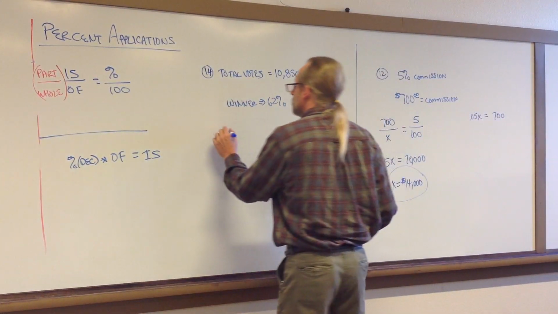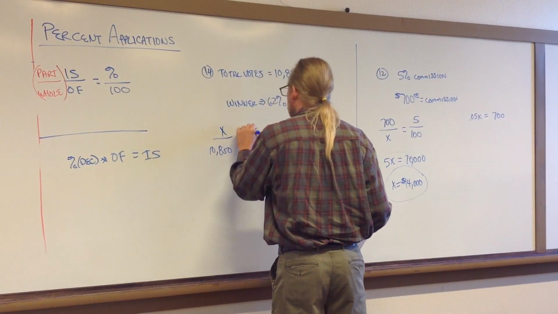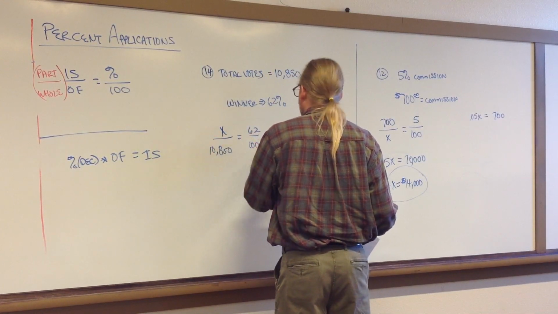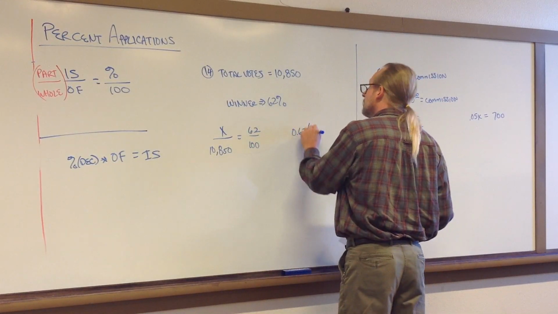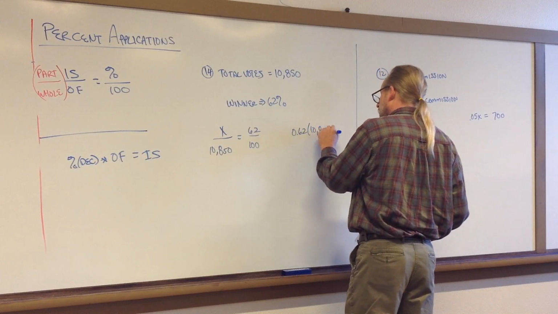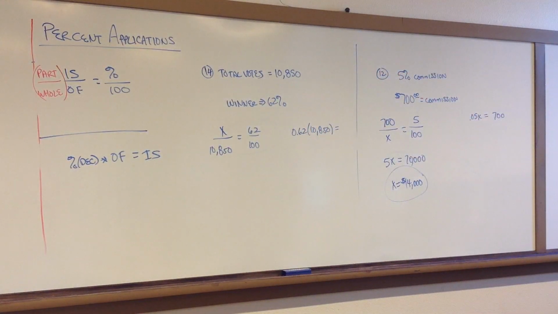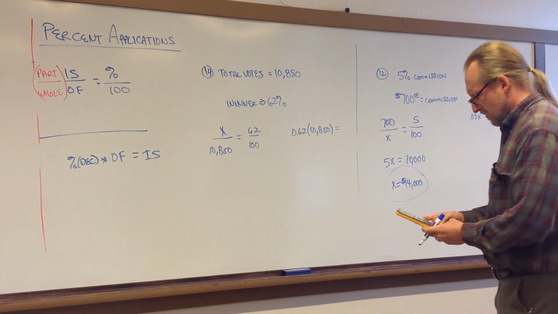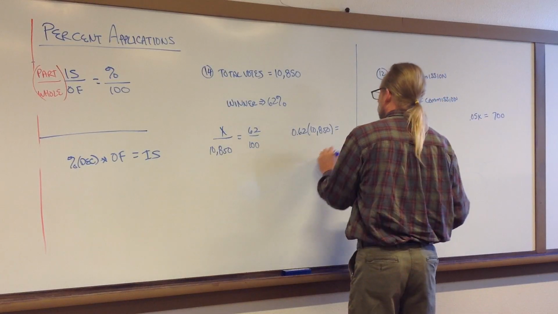And you can do this a couple different ways. You put your x over 10,850 equals 62 over 100. Or you can just go 0.62 times 10,850. Let's see what we get here. And that's 6,727.